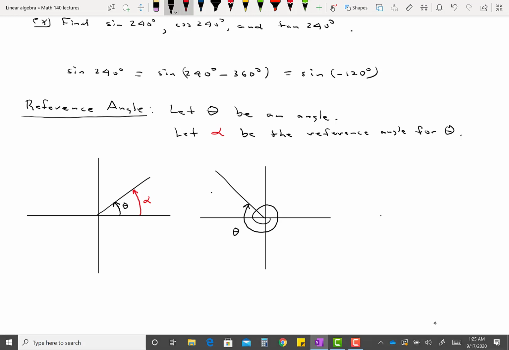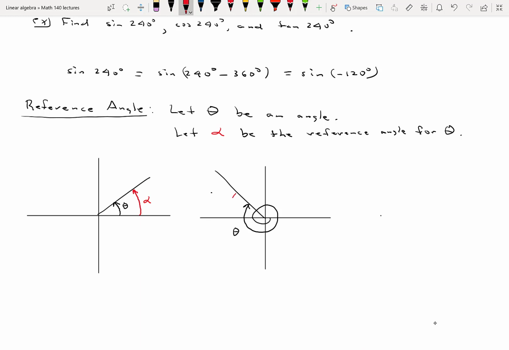The reference angle is this angle. If you understand these two examples so far, they're giving a pattern for reference angles, even though the pattern is just based on two quadrants.